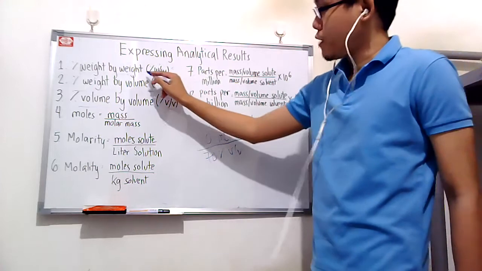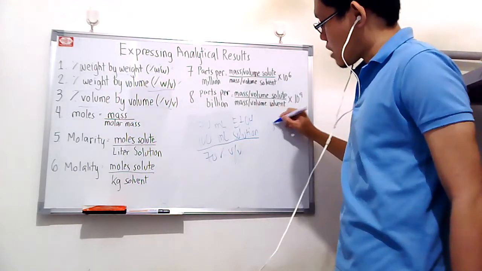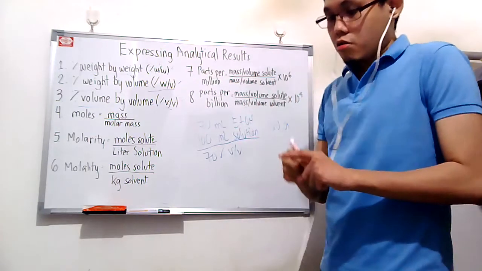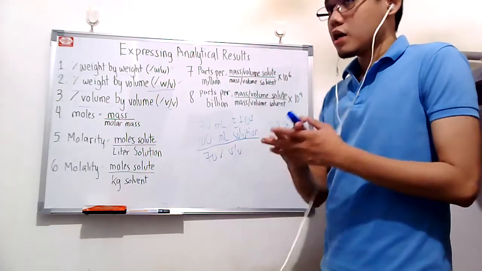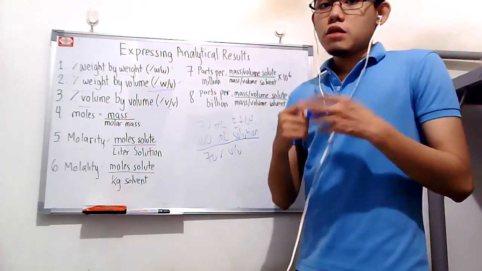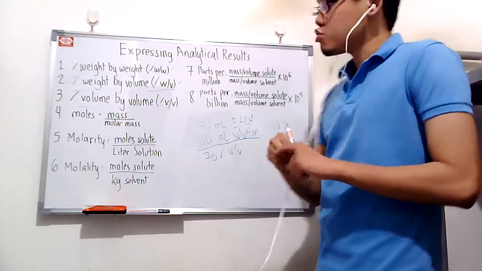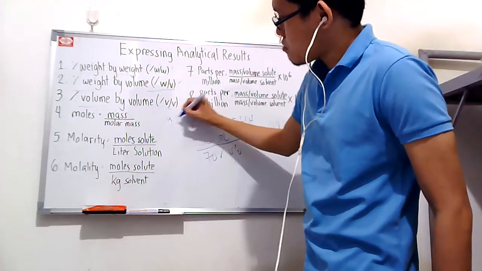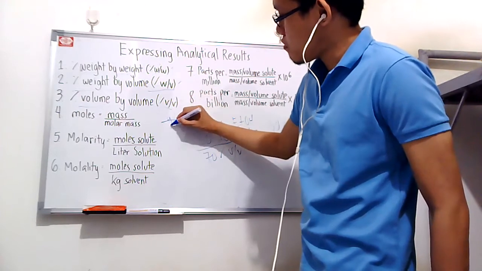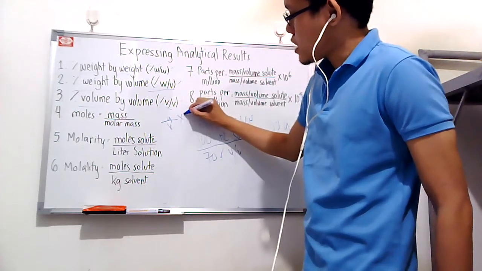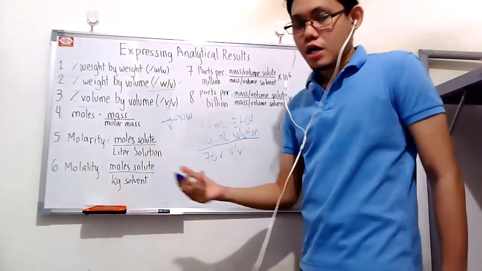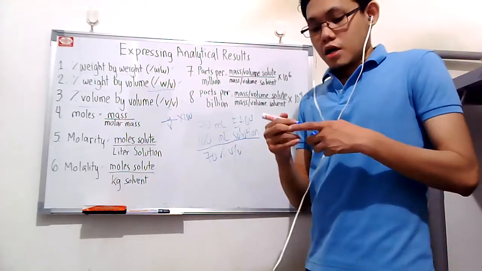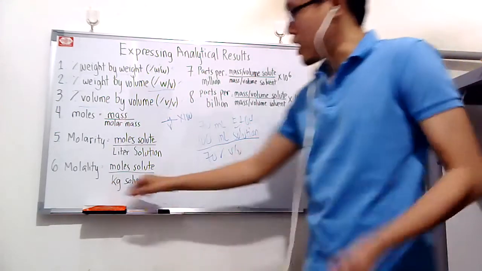So if weight by weight, it's in 100 grams. If volume, it's 100 ml. If you remember the formula for percent, it is grams over the total, or volume over the total volume, times 100. So usually percent has that type of formula.